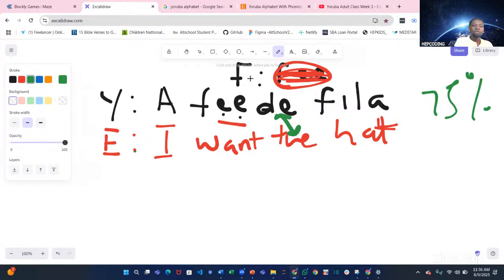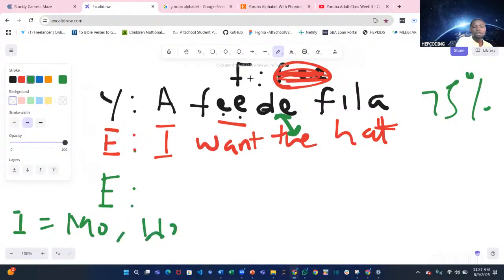Okay. So I'm going to write mine in English. You see, I is mo. So I'm taking you to the next level now. So I equals mo. We equals awa, or you can shorten awa to be a.